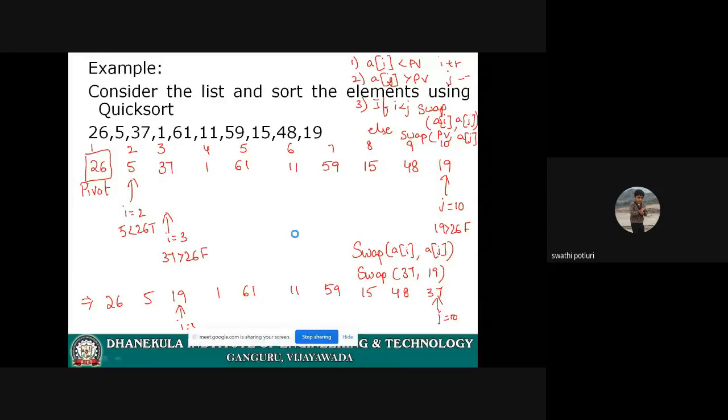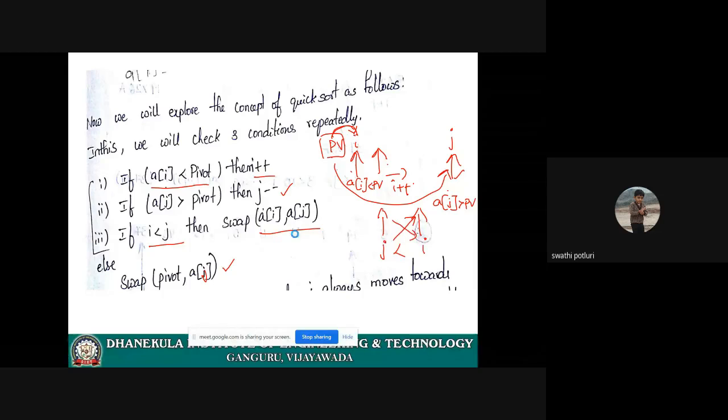What are the three functions we are using in the quicksort algorithm?